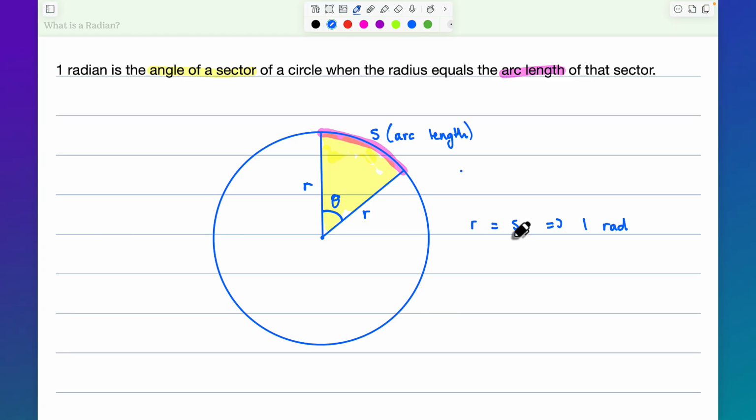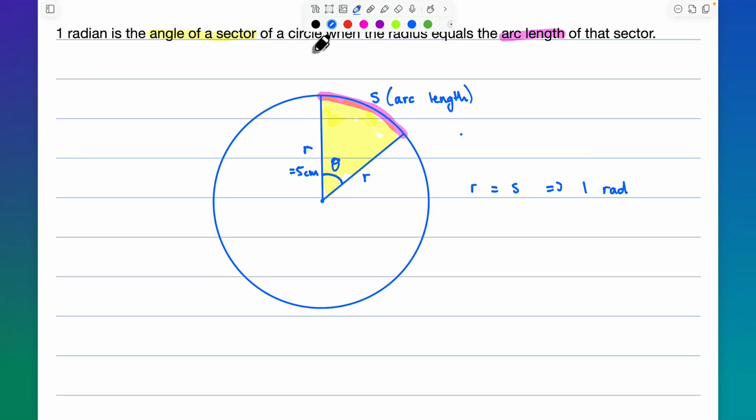So let's say your radius is equal to 5 centimeters, and your arc length is also equal to 5 centimeters. Then the angle that you create is 1 radian.